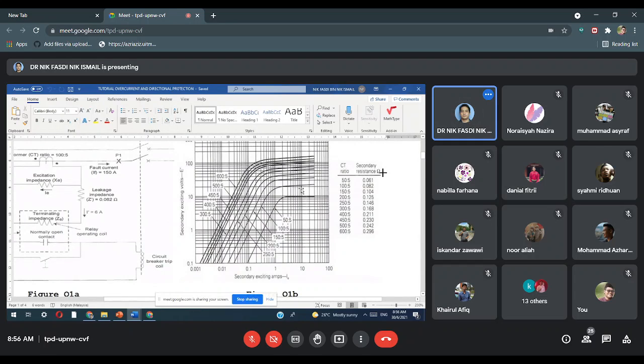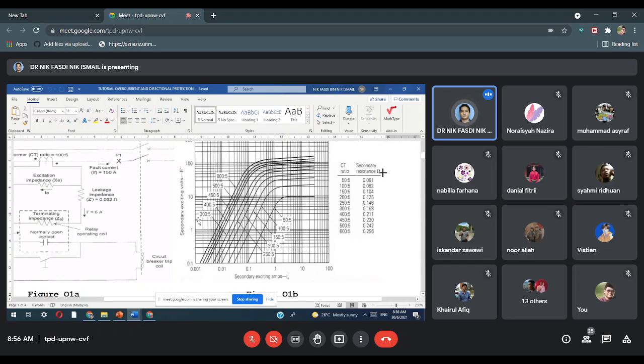So what's the value of E prime tadi? 5 volt kan? So kita kira lah. Ini 1, 10. Dia punya scale 100. Maksudnya 1 ini kosong lah. 0.1, 0.2, 0.3. 2, 3, 4, 5, 6, 7, 10 lah. Sini 1. Jadi 1, 2, 3, 4, 5.